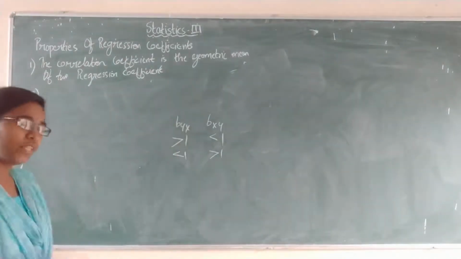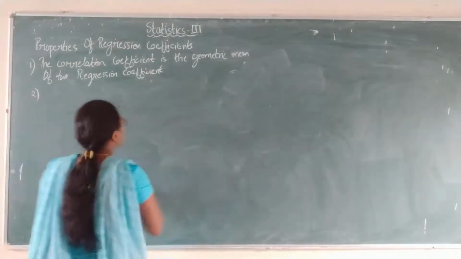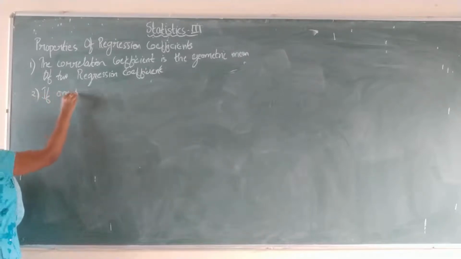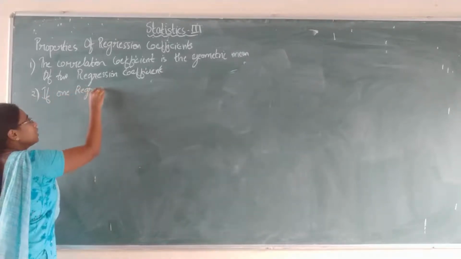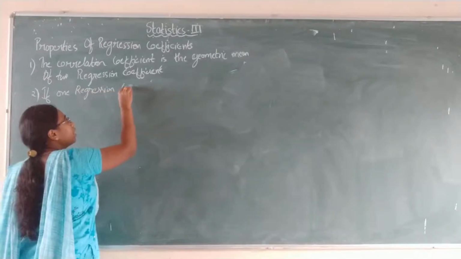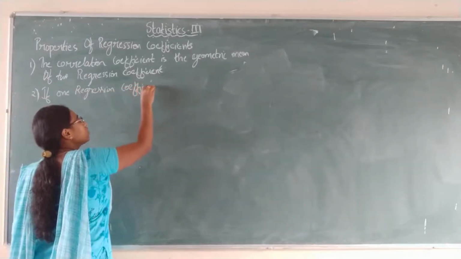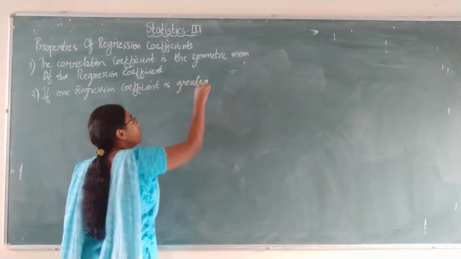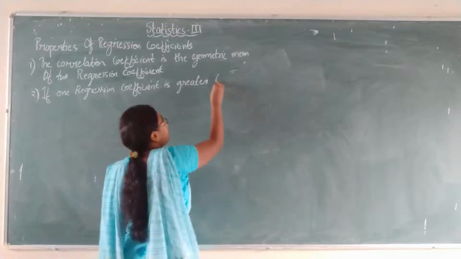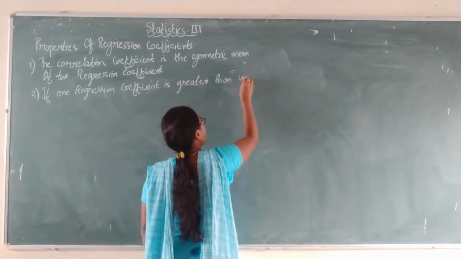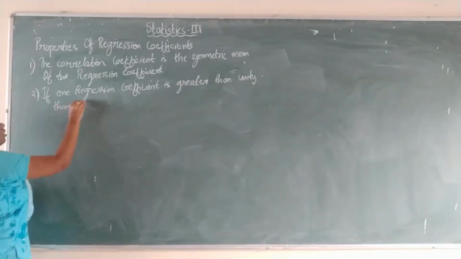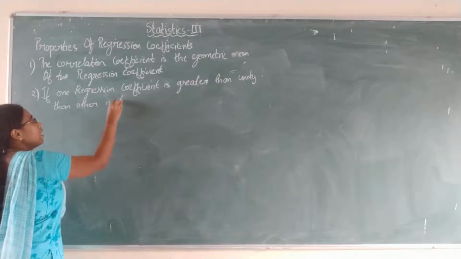So now we will prove this one. First write down the statement. If one regression coefficient is greater than unity, so here unity means 1, then the other is less than unity.